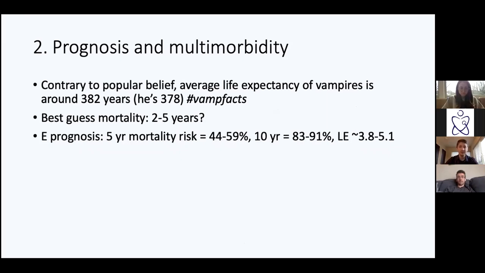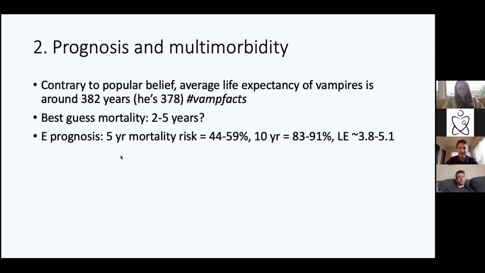So what's his prognosis? He actually says, contrary to popular belief, we aren't immortal. The average life expectancy of vampires is around 382 years. He's 378. Hashtag VampFacts. Best guess mortality, maybe like 2 to 5 years for him, based on an average life expectancy and his severe COPD and comorbidities.